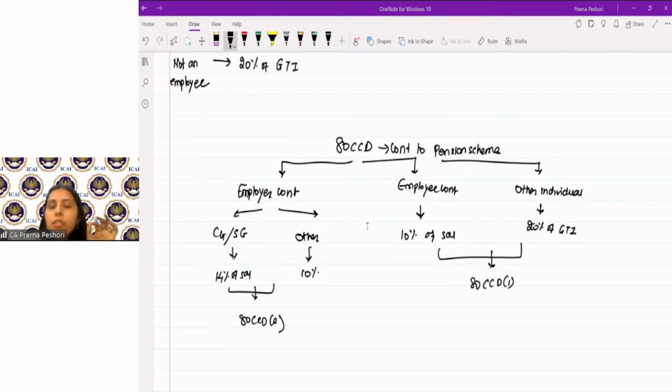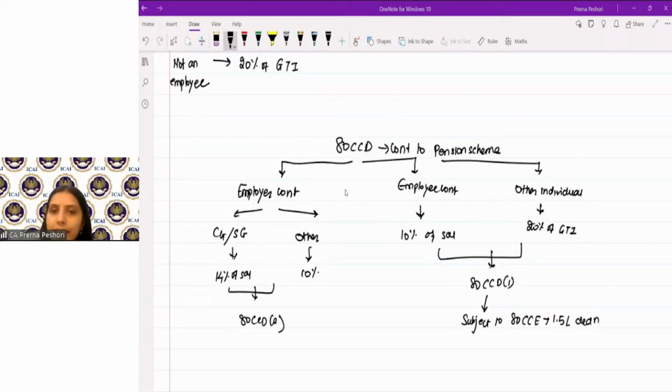Now the deduction under 80CCD(1) is subject to the 1.5 lakh overall deduction. So this is subject to 80CCE, 1.5 lakh deduction.